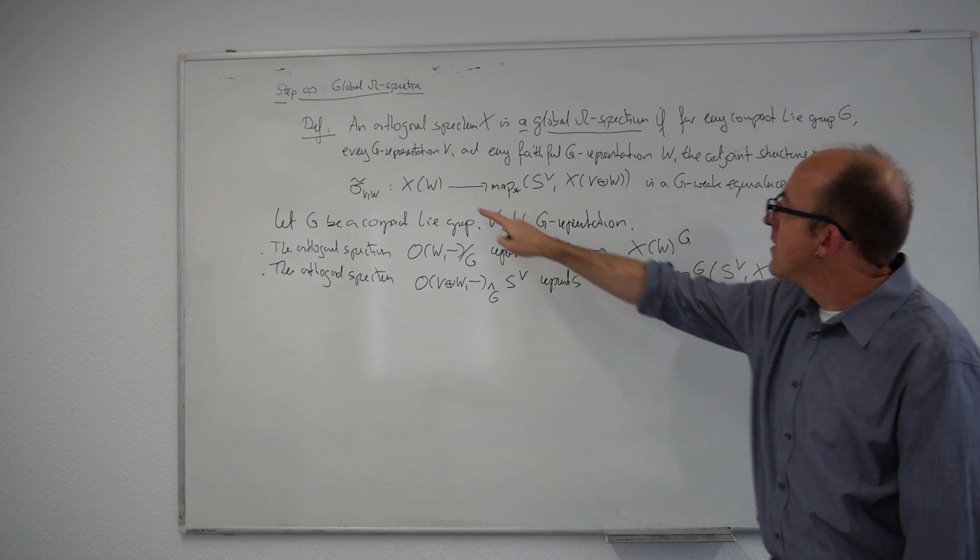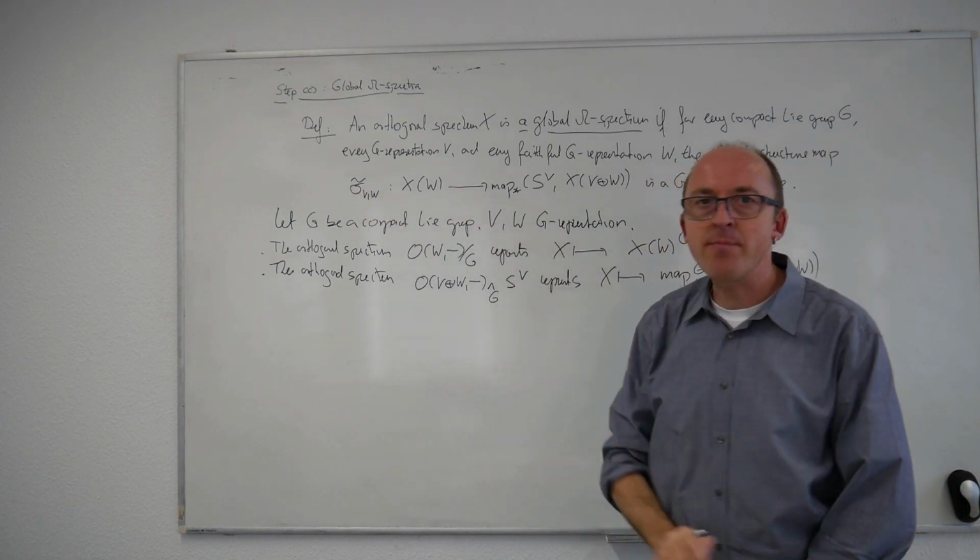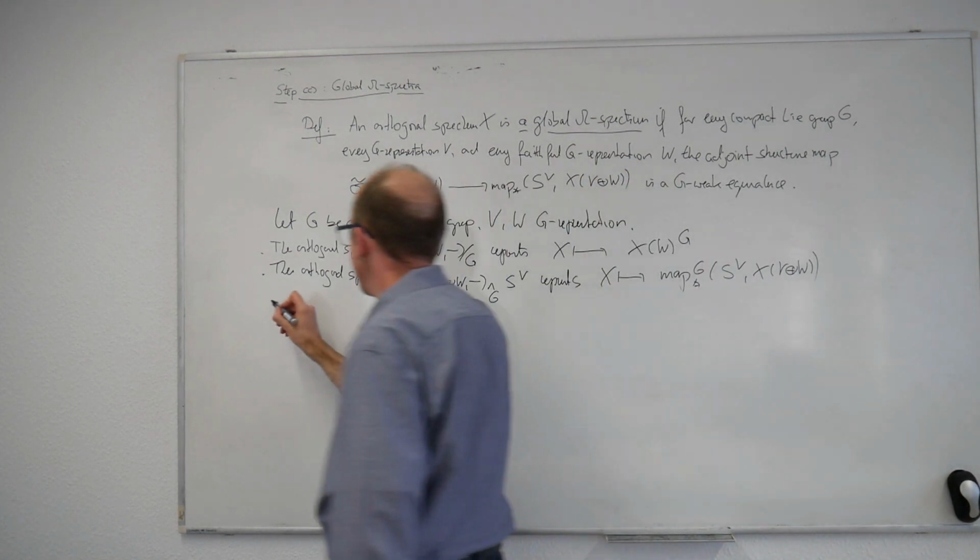And also the G fixed points of this particular map are represented by a morphism.